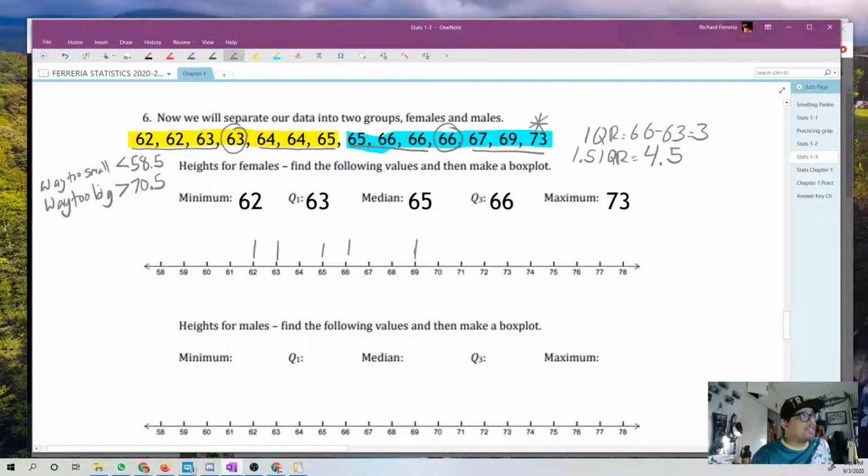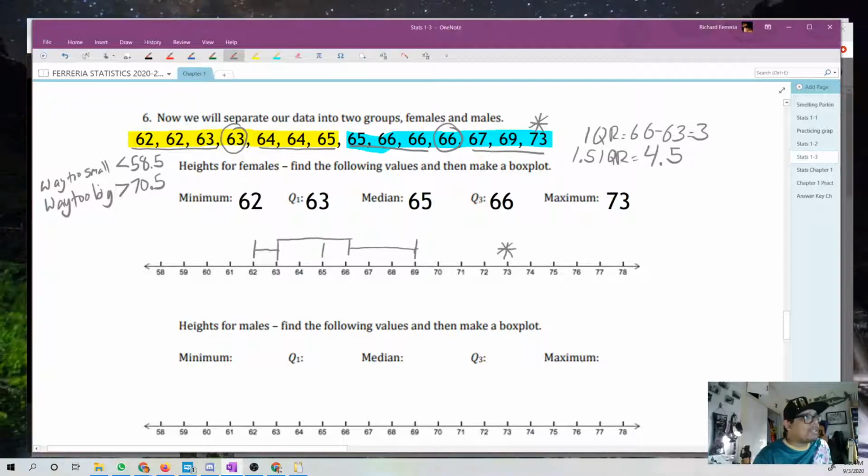And 73, we're going to denote as an outlier by putting a star at 73. Just like before, we draw the whiskers and the boxes, and there is our box plot for the females. Remember, 69 is the biggest non-outlier.